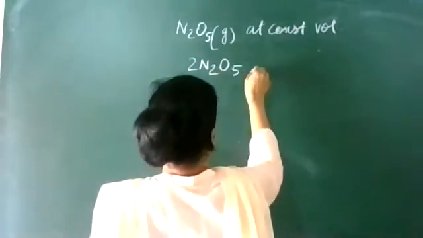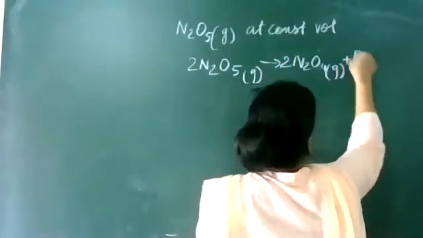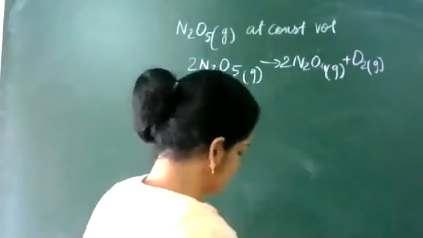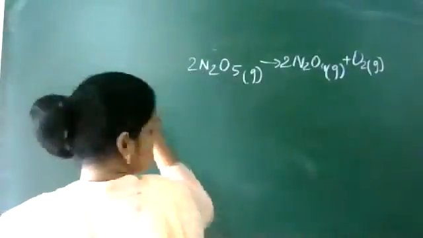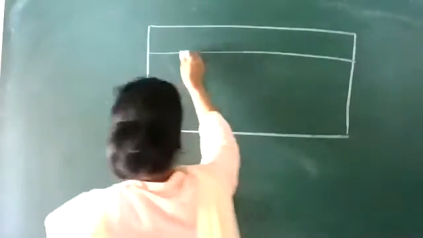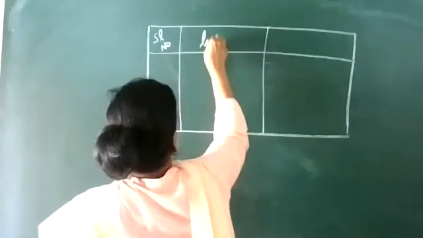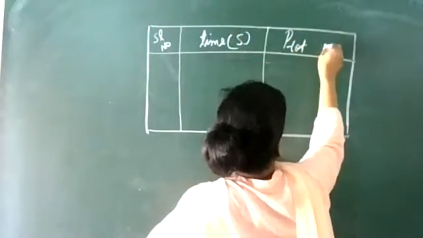2N2O5 gas gives 2N2O4 gas plus O2. This is the equation, and the data: serial number, time in seconds, P total in atmosphere.